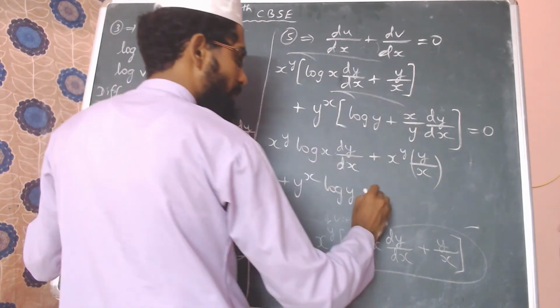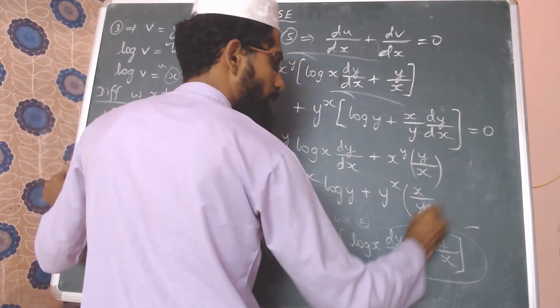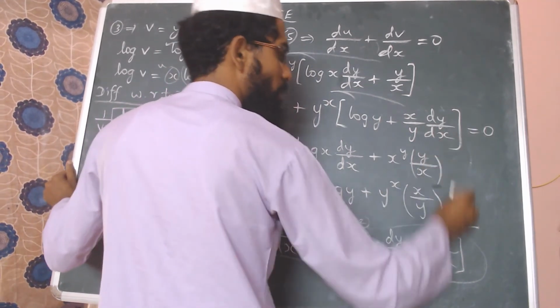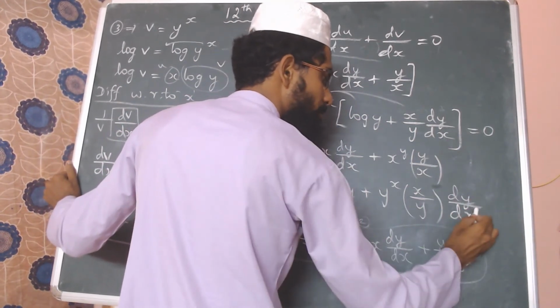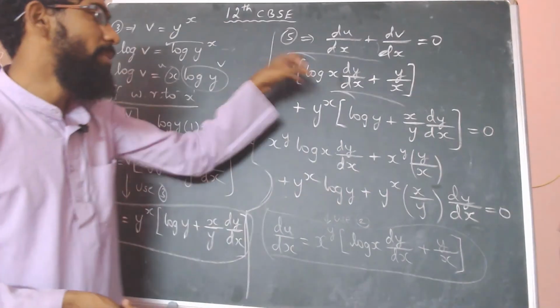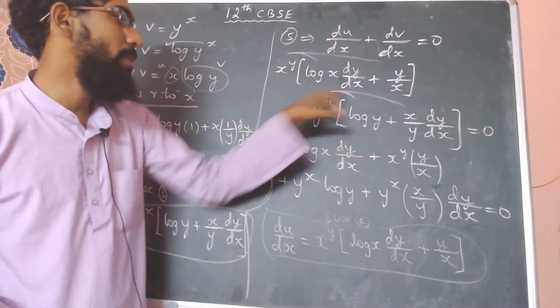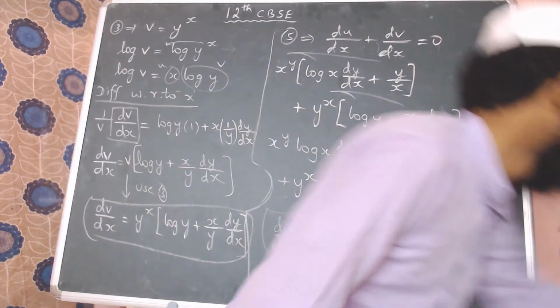If I multiply with this, I will be getting plus y power x into x by y into dy by dx, equal to 0. So I multiplied this inside and I got these two terms; if I multiply this inside, I will get these two terms, and the right hand side is 0. Now let me erase this part.